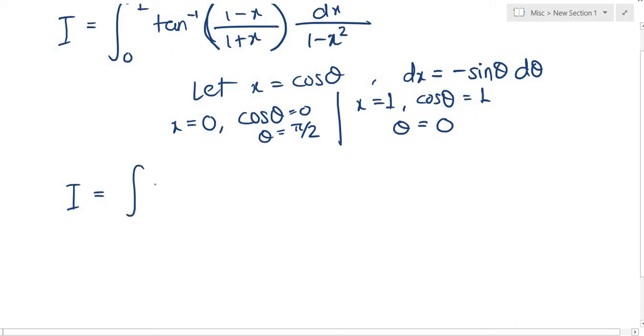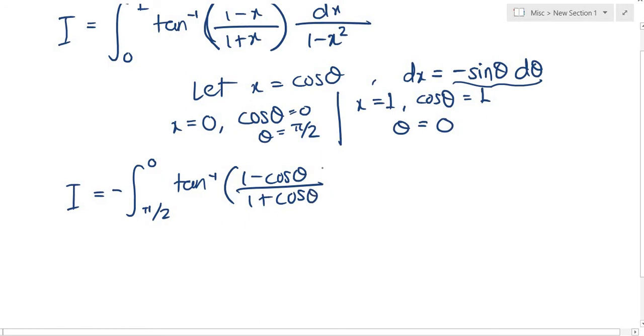So instead of 0, we have pi over 2 here, and instead of the 1 we have a 0, and the negative sign of this negative sine theta can be taken outside. We have the tan inverse of (1 minus cos theta) over (1 plus cos theta), and then instead of the dx we have negative sine theta d theta.